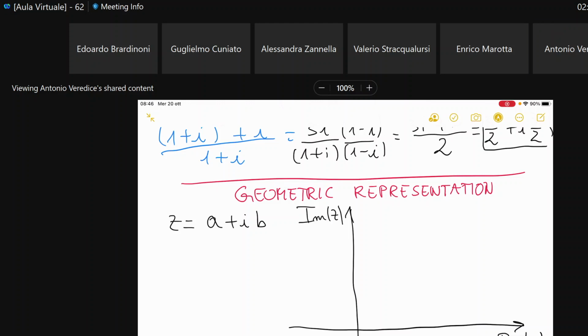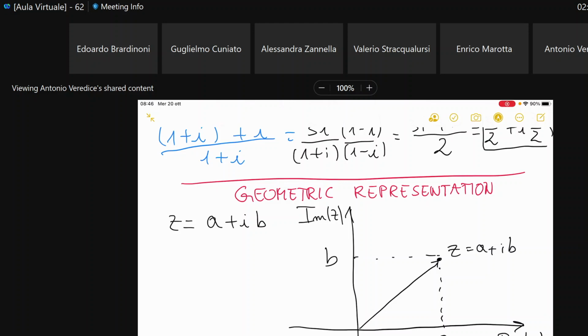So any z can be represented as a point or as a vector, where the first component is A, the real part, and the second component is B, the imaginary part. As I told you, the length of this vector is the modulus. This representation is also important because it leads to the trigonometric representation.